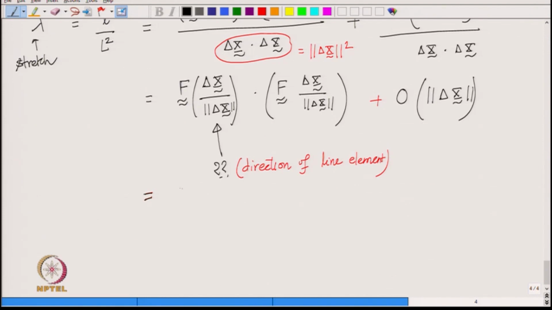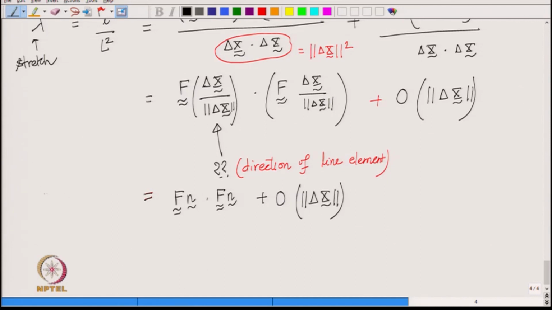So, we could write it as big F into n dotted with big F into n plus big O times delta big X, okay.